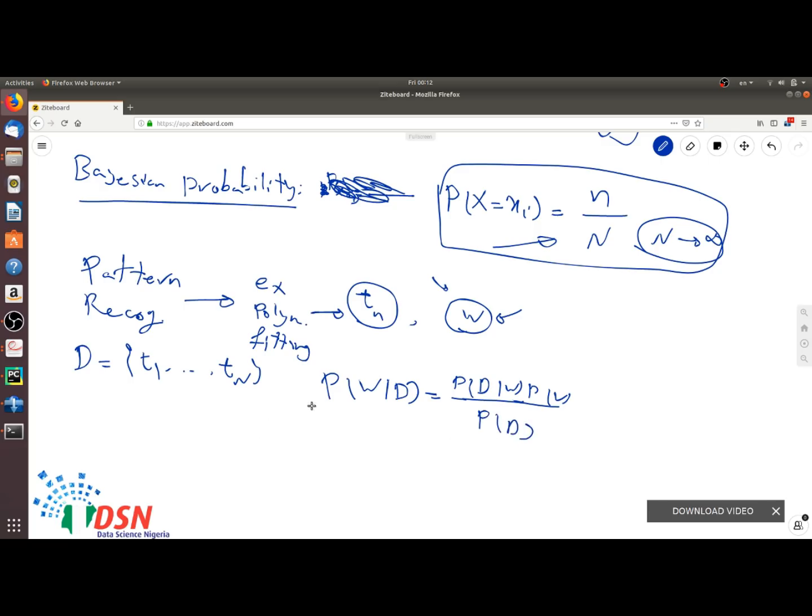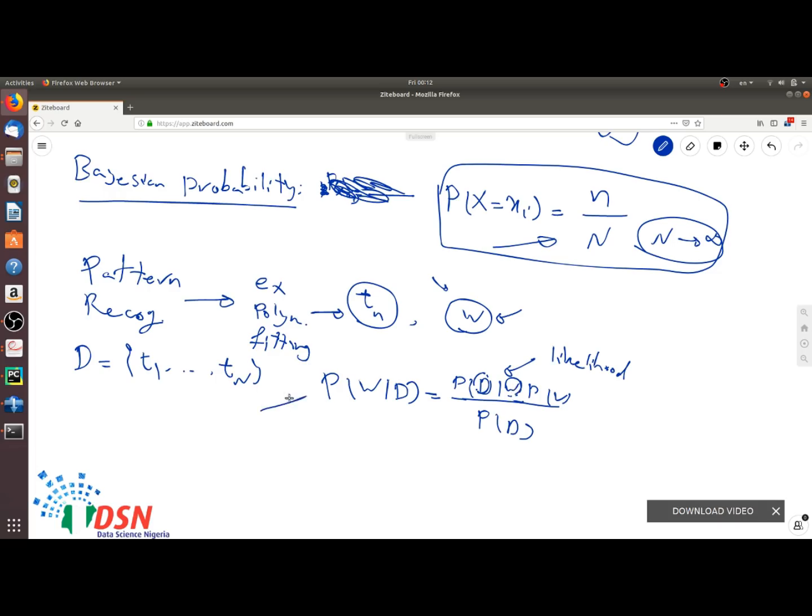In the Bayesian interpretation, we call P of D given W the likelihood, because it tells us how probable the observed data is when we have a certain setting of W, a certain setting of model parameters.